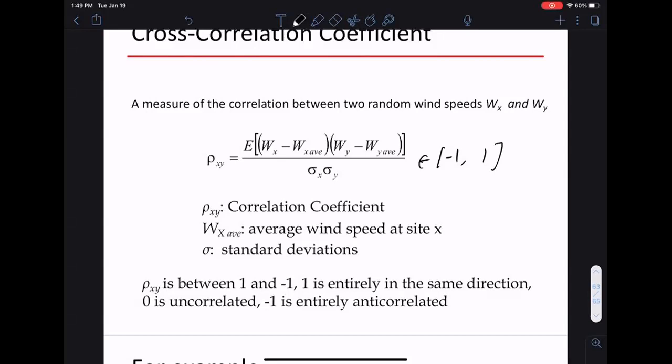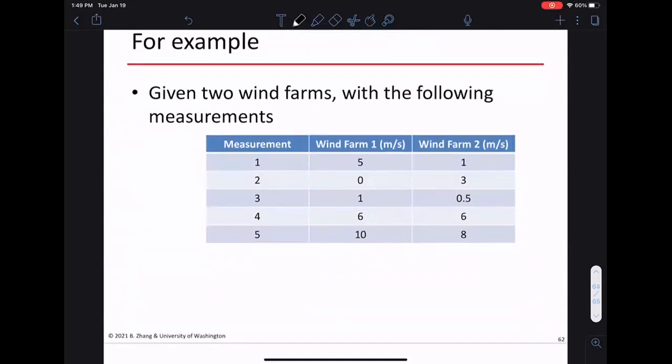Okay, so let's do one example for this. For example, we can have two wind farms with the following measurements. The way we did our measurement is we took 5 measurements.